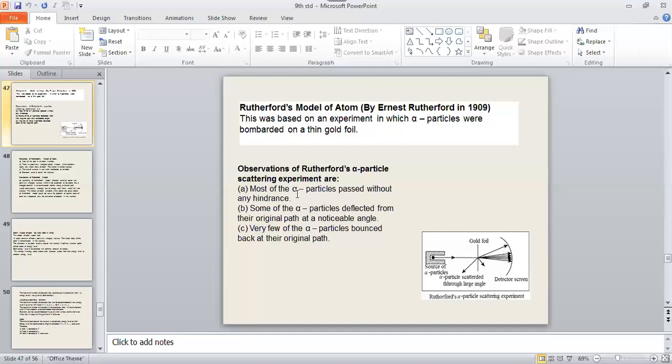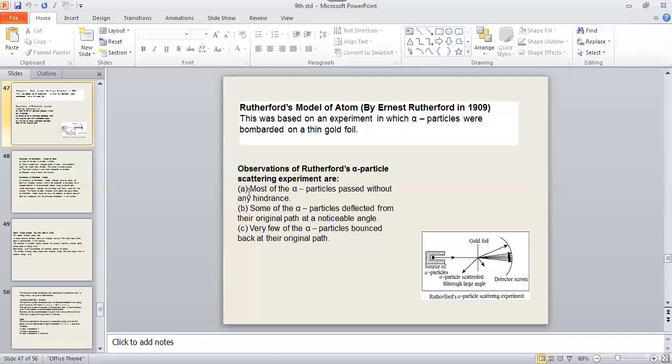Now the observations of Rutherford's alpha particle scattering experiment. The first observation is that most of the alpha particles pass through without any hindrance, that is, they pass through the gold foil without any deviation.